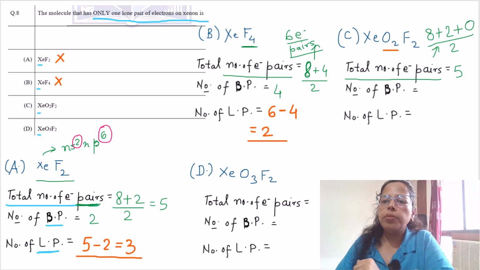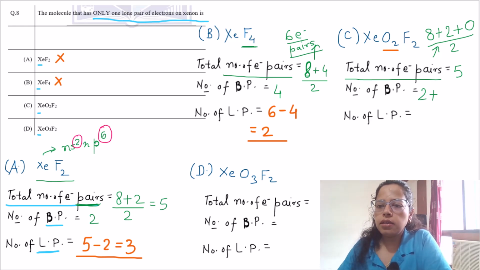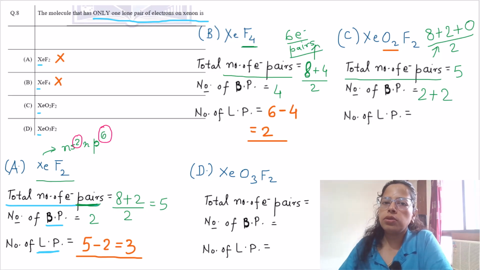Now coming to the number of bond pairs. We have 2 fluorine atoms bonded to xenon. Here we consider the bond pair contribution of oxygen because although oxygen is double bonded, out of the 2 bonds, we have 1 sigma bond. So we consider the sigma bond contribution of each oxygen, so 2 oxygens give 2 sigma bonds. So the number of bond pairs is 2 for oxygen and 2 for fluorine, so we have 4 bond pairs.